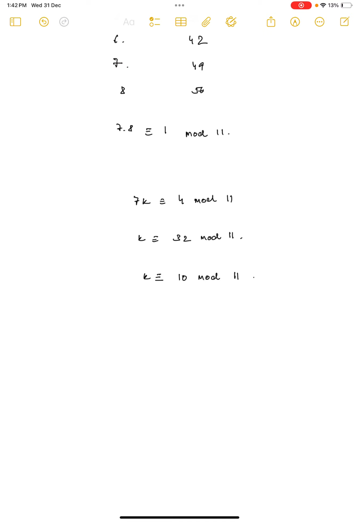Now since we want to find the smallest value of k, this expression basically means that k minus 10 should be divisible by 11. What should be the value of k? k can be, well, obviously 10. It can be 21. It can be 32 and so on.